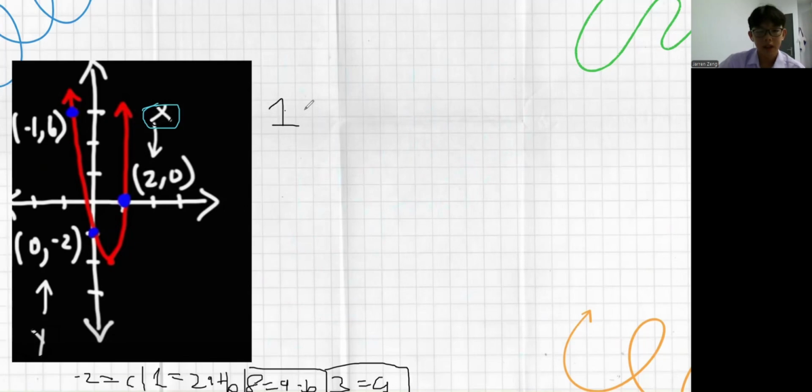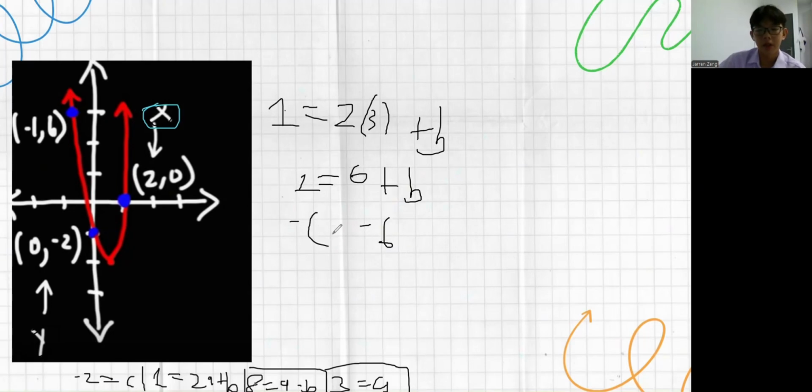Since we know a is 3, we just have to substitute: 1 equals 6 plus b. And we're gonna minus 6 on both sides, since we got a positive 6 here, which then we'll get minus 5 equals b. So basically that's the last value that we'll be needing.